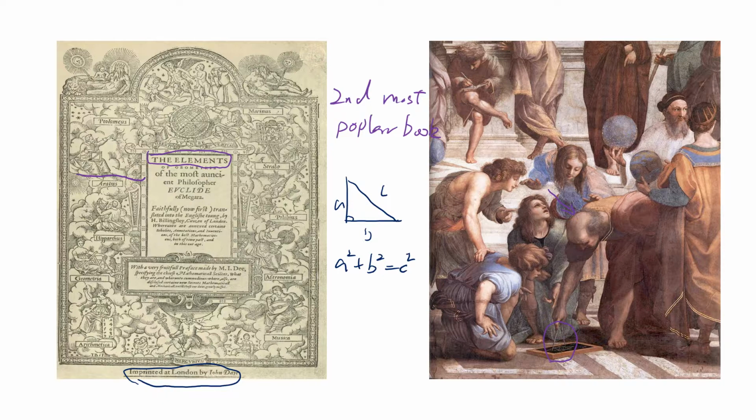A lot of times we label this as I.47. What does I.47 mean? This is the first volume of the Elements, and this is proposition 47.